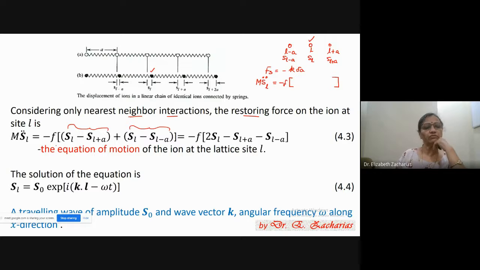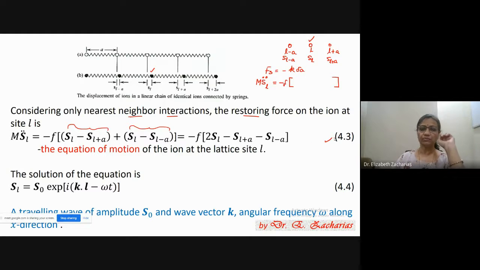So it is S_L minus S_(L+A) plus S_L minus S_(L-A). Basically, I'm considering both these pairs, the effective displacement because of each, and adding up both of them. So look at this, S_L is repeating twice, so 2 times S_L, then of course minus S_(L+A), then minus S_(L-A). So I get my equation 4.3.